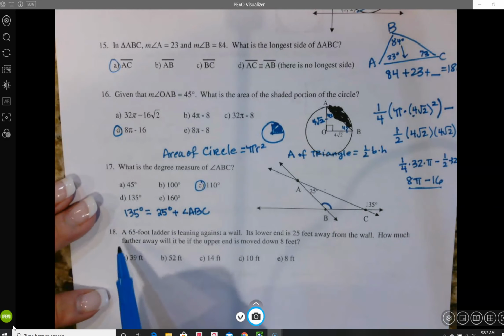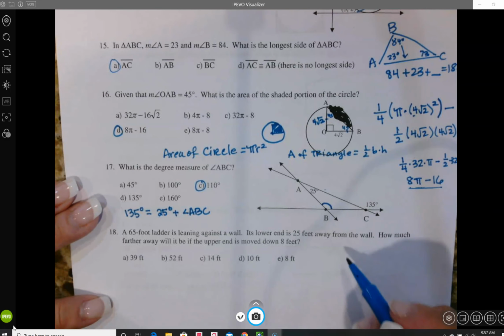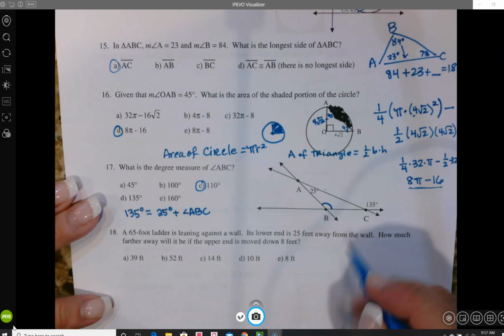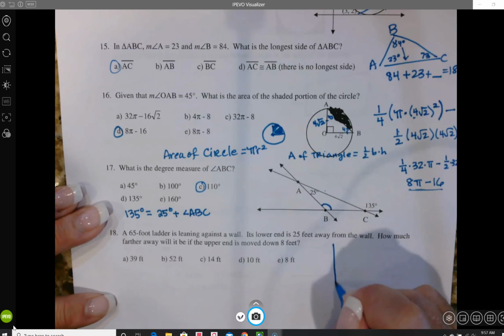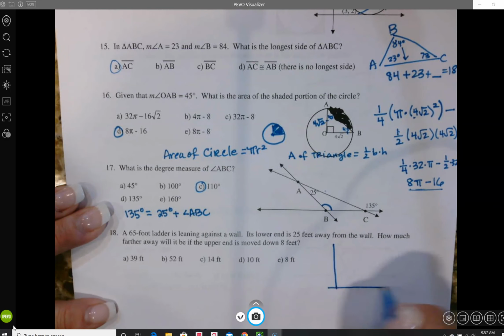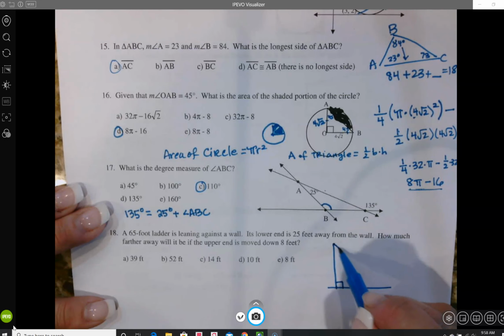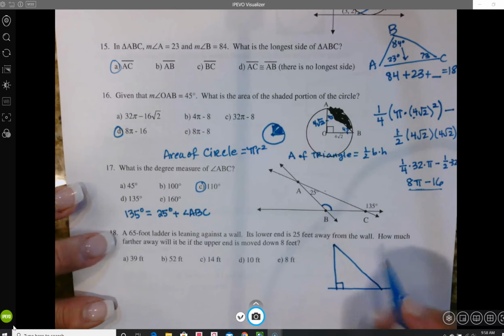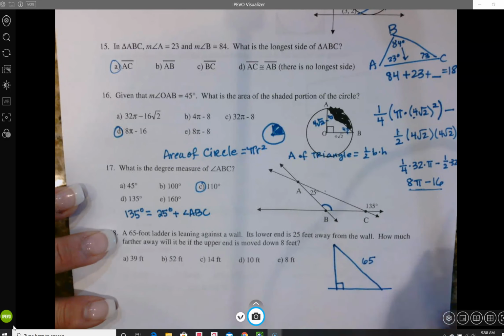And number 18 looks like another ladder leaning against a wall. So let's draw that out. Okay, so I've got a wall, and then I've always got the floor. So all these ladders leaning against the wall problems are really right triangle problems. And here's my ladder. The ladder is always the slanted part or the hypotenuse, and my ladder is 65 feet.